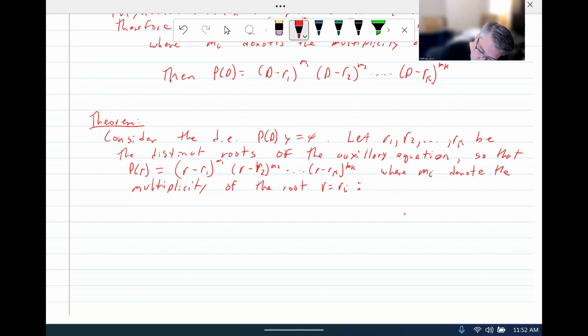We're looking at the roots here of these auxiliary equations.